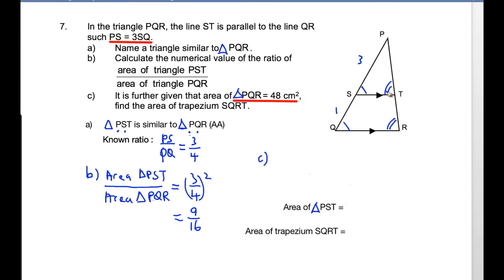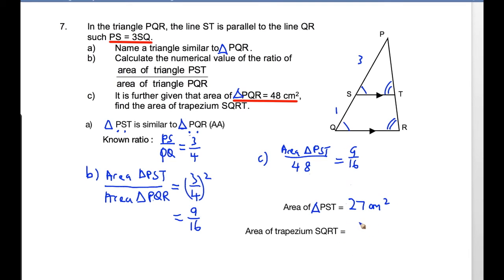To find the area of this triangle, we make use of the result in part B. Since we are given the area of PQR, we have area of triangle PST over 48 equals 9/16, and this works out to be 27 cm squared.